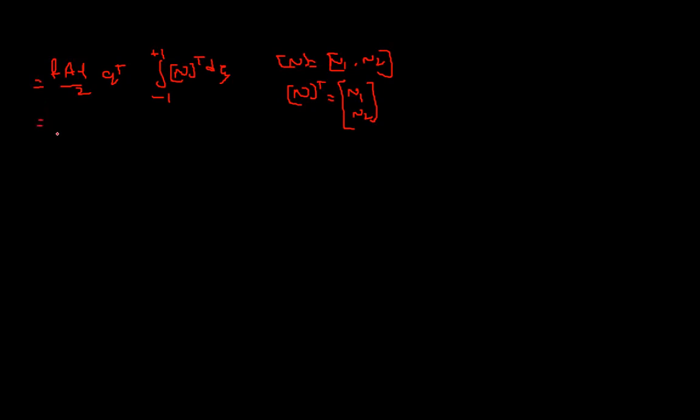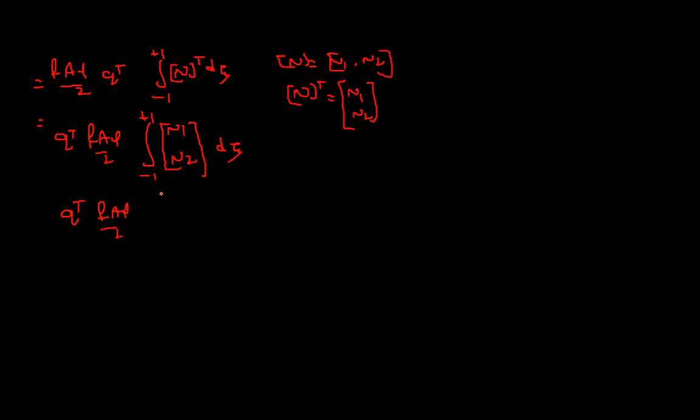I can rewrite this as Q transpose of f into A into L by 2 integral of N1, N2 matrix into d zeta. The limits are -1 to +1. So that means I can rewrite this as Q transpose f into A into L by 2.